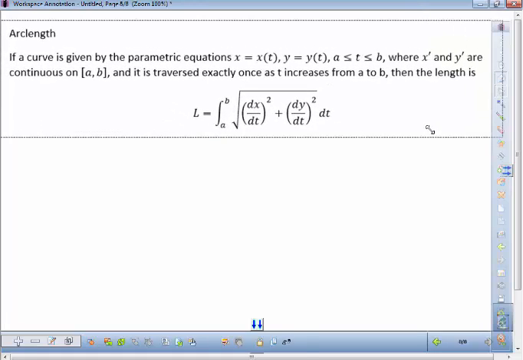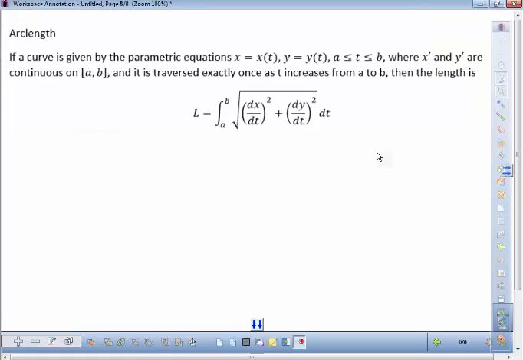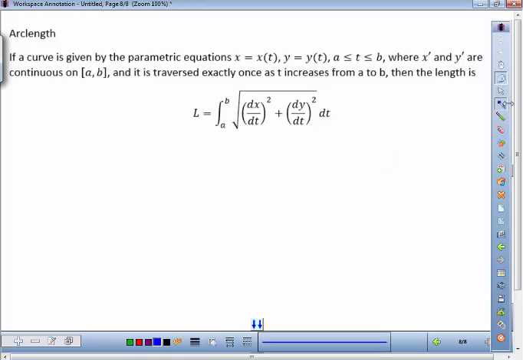So for parametric equations, your arc length formula is a little bit different. Looks like this. And there's a nice proof to this if you read your book. You can look through it.